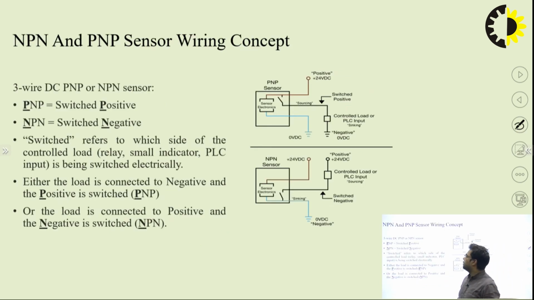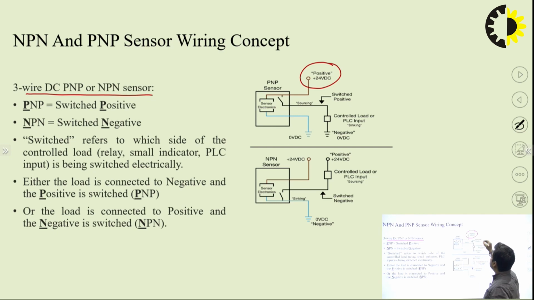If we go to the 3 wire concept, which is widely used, that is 3 wire PNP or 3 wire NPN. In the case of 3 wire, the brown wire is indicated for positive.